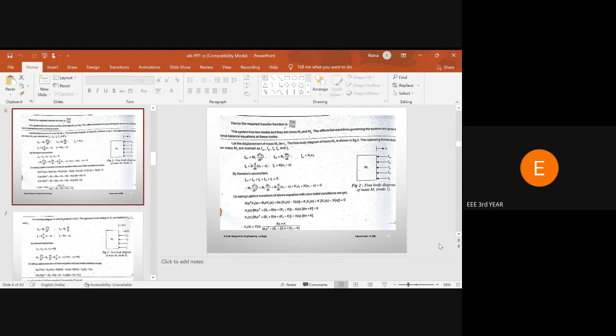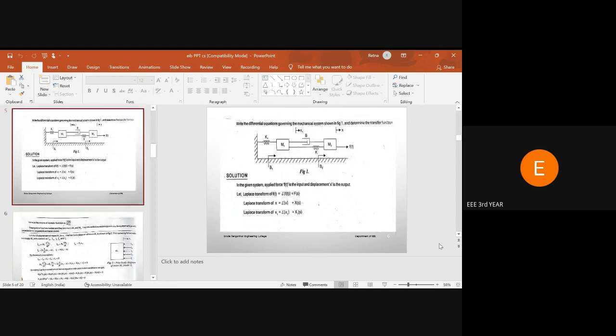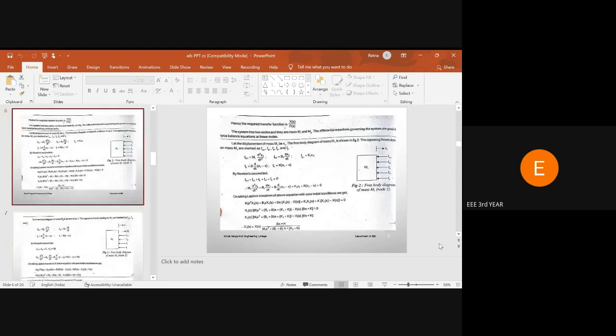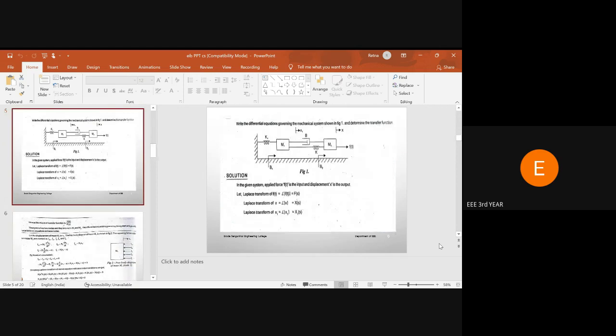Fm1 means opposing force due to mass m1. Fb1 means opposing force due to dashpot b1. Next, Fb means opposing force due to dashpot b. Next, Fk means opposing force due to spring. These are connected to the first mass.